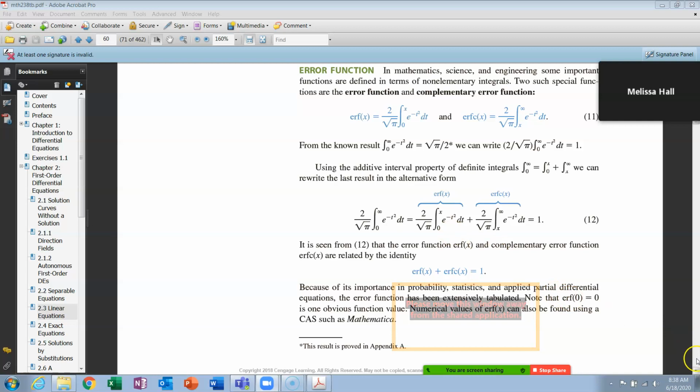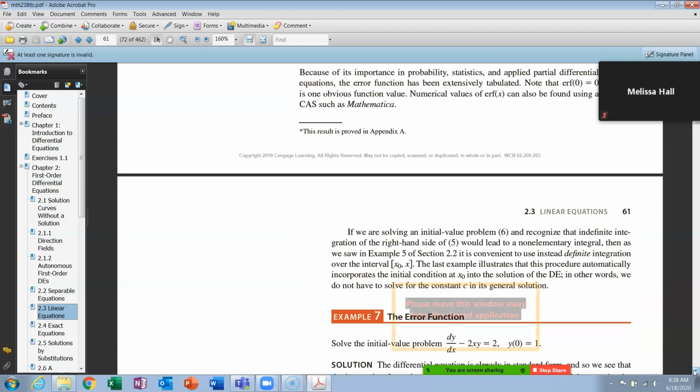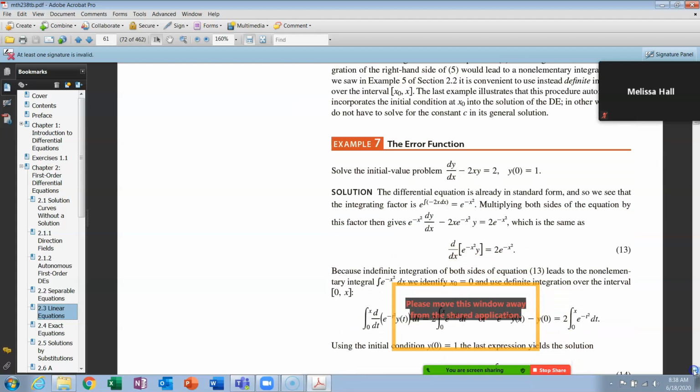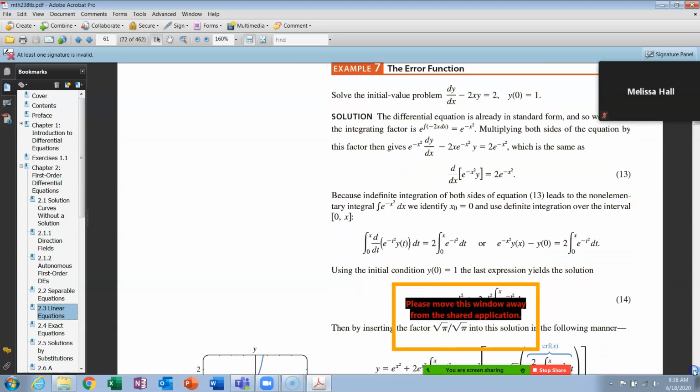Okay, so that's what we talked about briefly last time. Here is the problem example with the error function. Solve this initial value problem.